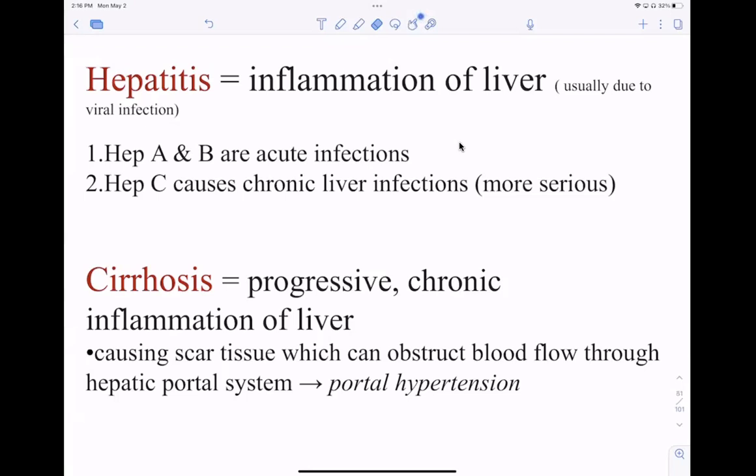Cirrhosis is anything that has chronic inflammation in the liver. Those hepatocytes are then replaced with scar tissue, and the portal blood can't filter through scar tissue that's replaced healthy hepatocytes or liver cells. And so blood kind of backs up in the portal vein, and that's what we call portal hypertension.